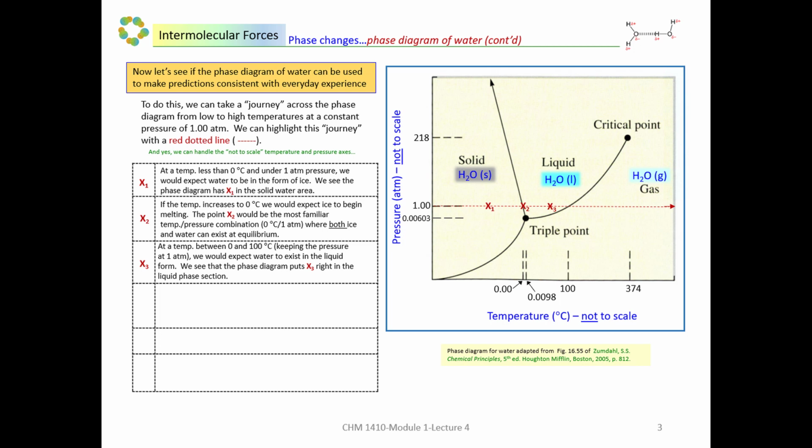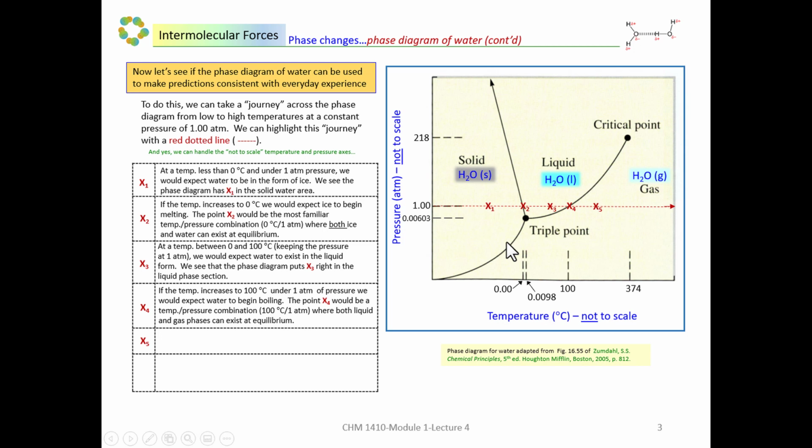Let's continue our journey. We're now at point x4, and we've raised the temperature to 100 degrees. Well, what happens to liquid water when we raise the temperature to 100 degrees under normal atmospheric pressure? The water begins to boil. So we're at the boiling point of water, and liquid is being turned into a gas.